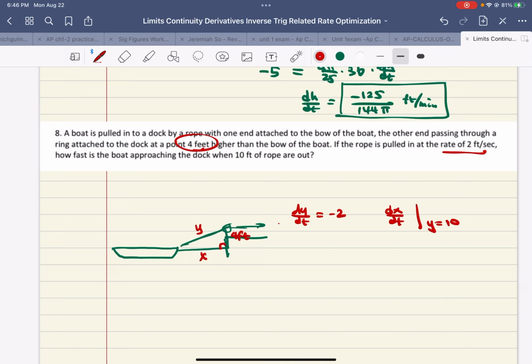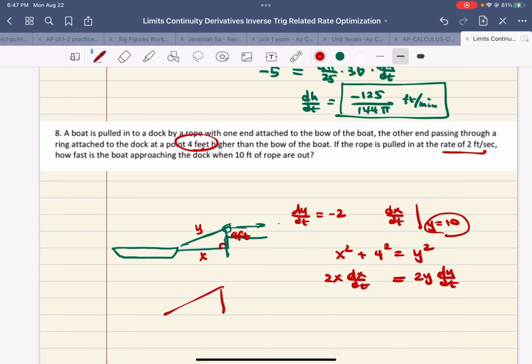So you can have the equation x squared plus 4 squared equals y squared, using the right triangle here. That's the Pythagorean theorem. Now when you take the derivative in terms of t, you get 2x dx/dt, and the 16 is gone when you take a derivative, and this one is 2y dy/dt. Now when y equals 10, you need to figure out the x value.